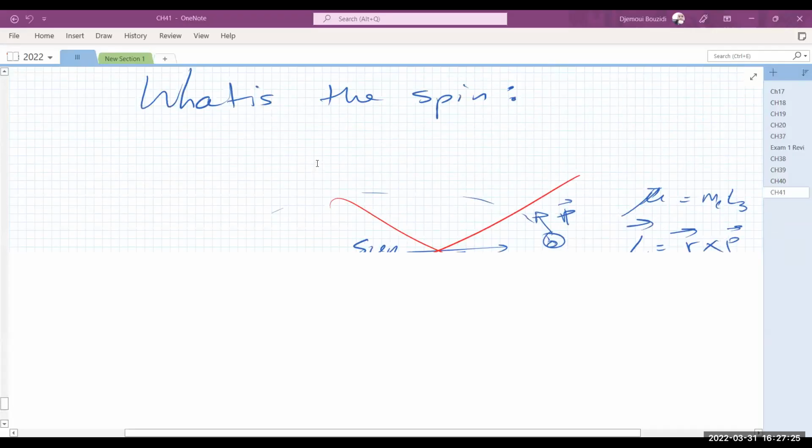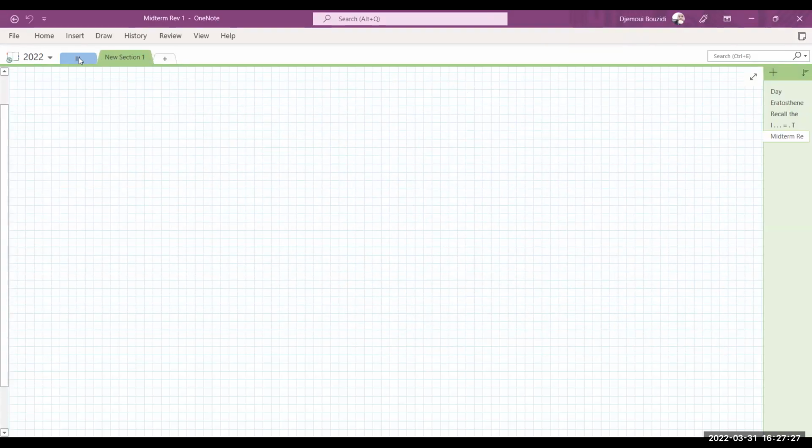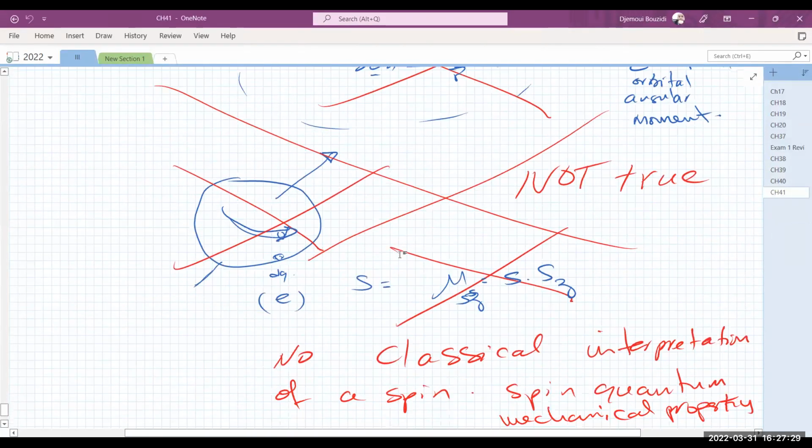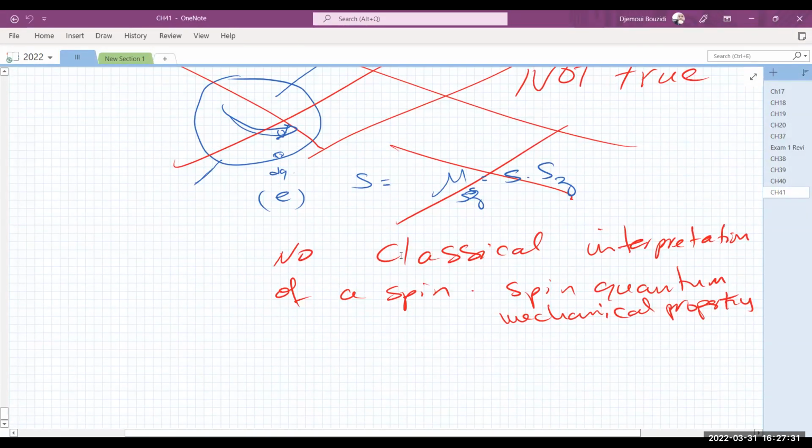My screen went blank. Okay, we still have a long way, honestly, to finish this chapter. So we have a break for about 15 minutes, and then we come back. We're going to find the coupling that explains the phenomenon that I'm talking about, the secondary or the anomalous Zeeman effect.